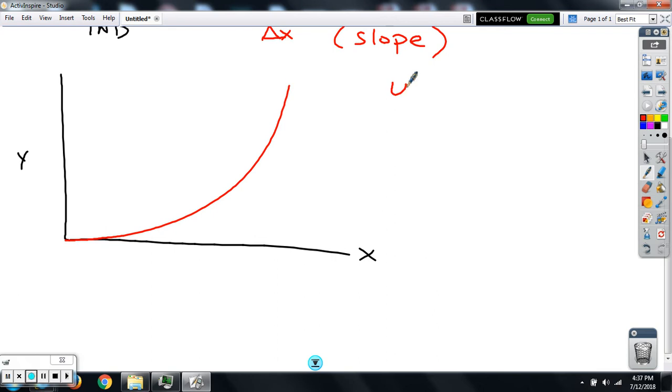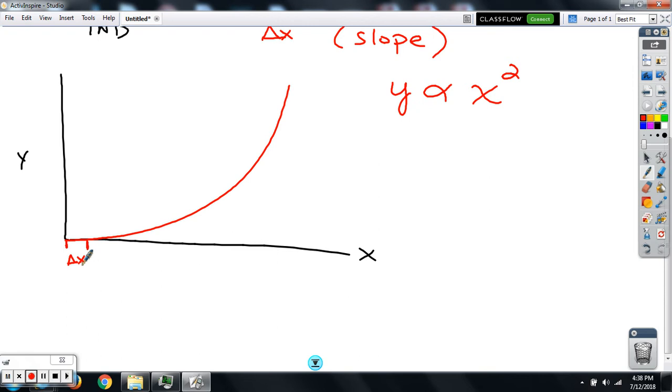So we would say y is proportional to x squared. So y gets faster than x does. So if I went up by certain amounts along the x axis, the rate that delta y changes by is not constant.